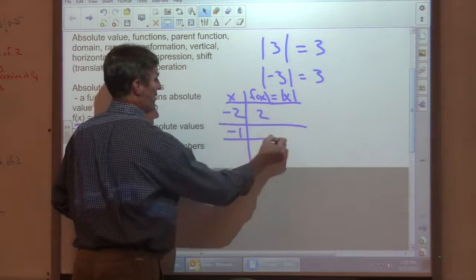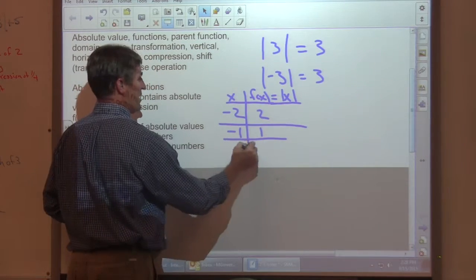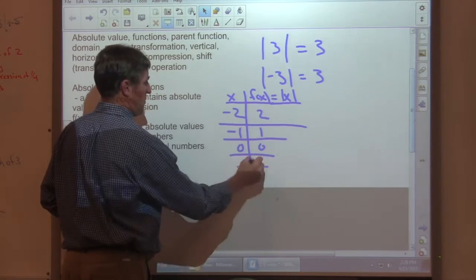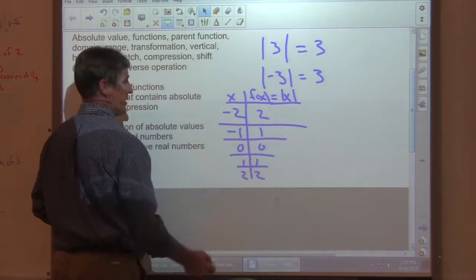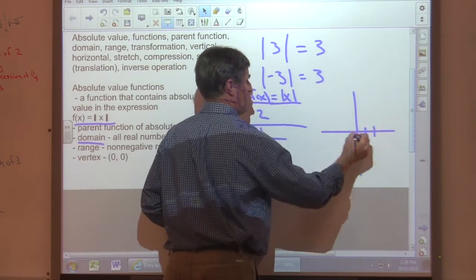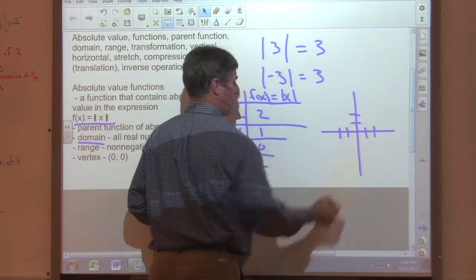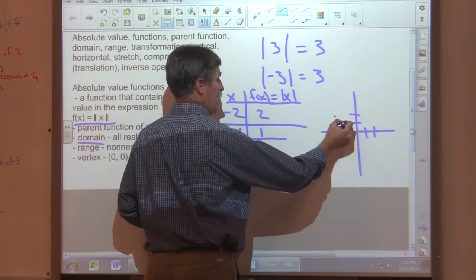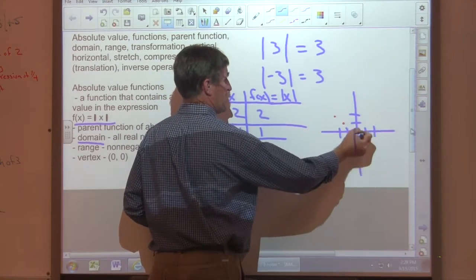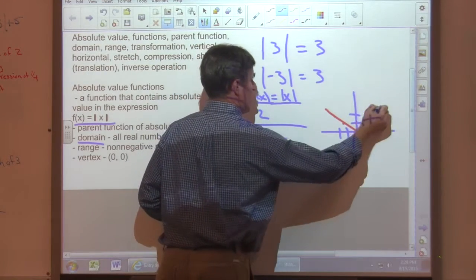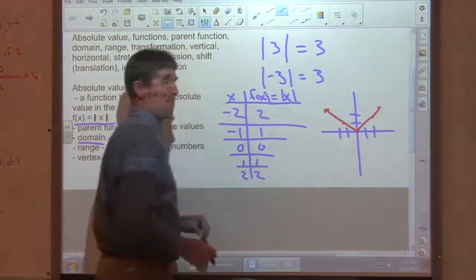If I plug in negative 1, the absolute value is 1, 0 gives 0, 1 gives 1, and 2 gives 2. So if I was to graph this parent function, at negative 2 we're at 2, at negative 1 we're at 1, at 0 we're at 0, 1 we're at 1, 2 we're at 2. And so it gives us this type of graph.